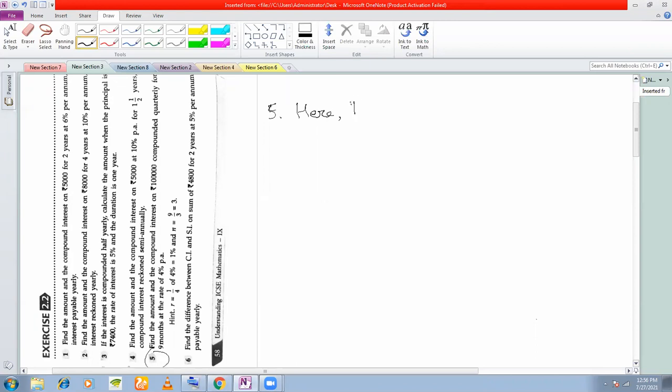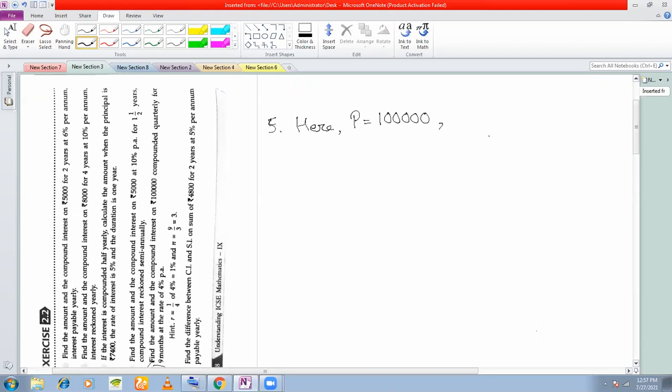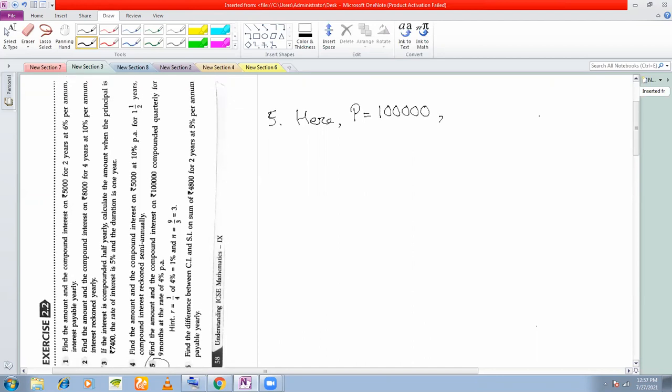So here, the amount and the compound interest is on rupees 1 lakh. So the principal is given to be 1 lakh, compounded quarterly, for 9 months. 9 months means first you convert the months to years, that means 9 by 12 years.